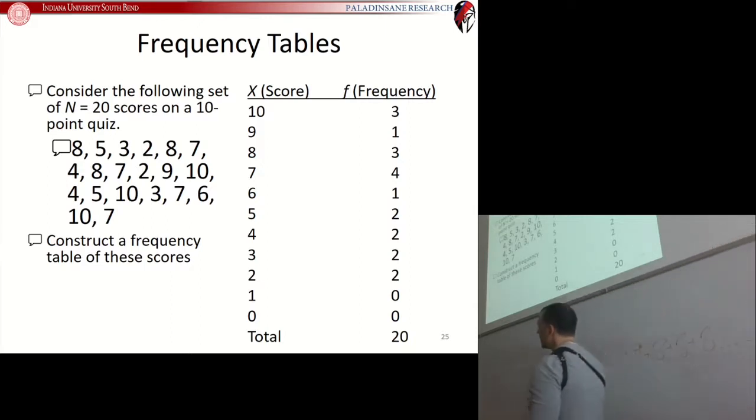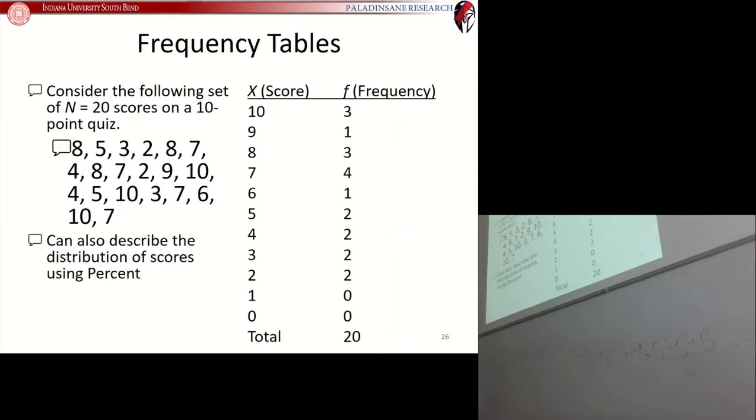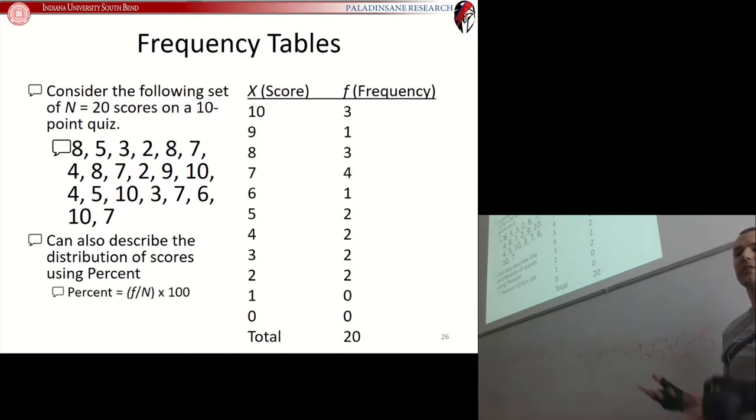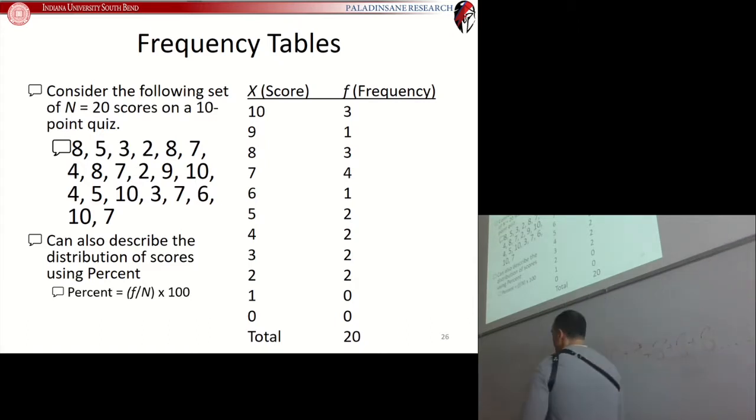Okay, so another common way to present frequency tables is to represent the scores as a percent. So here we have the actual numbers. Sometimes they'll represent it as a percent, where you take the frequency, divide it by the number of your scores, and multiply that by 100. And usually that's used when your numbers are just unwieldy for the human brain.